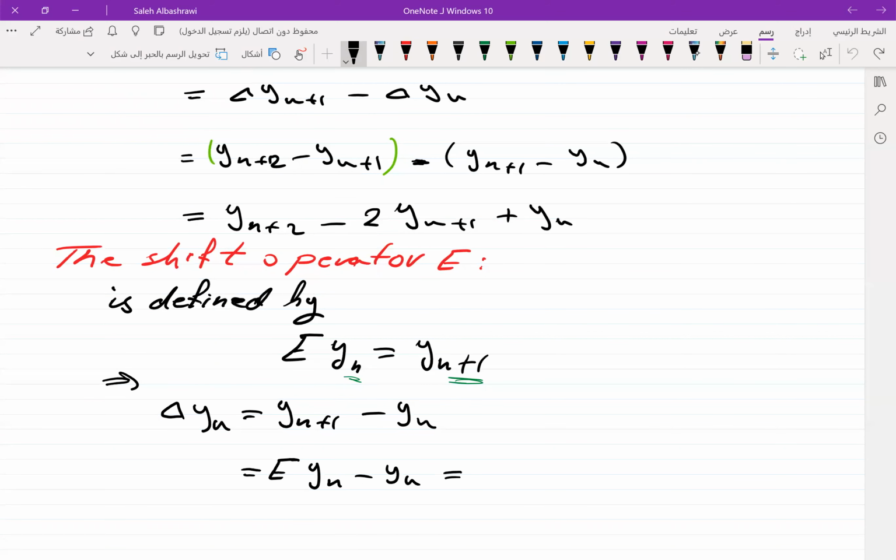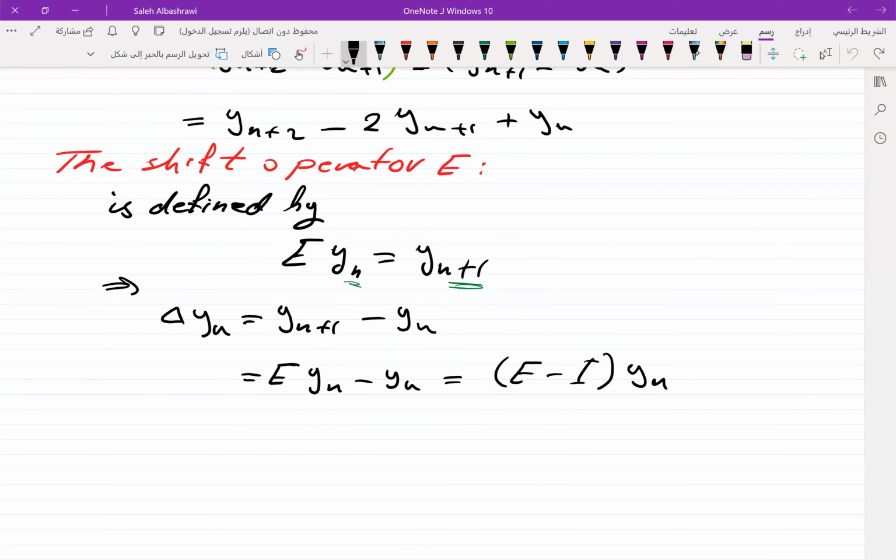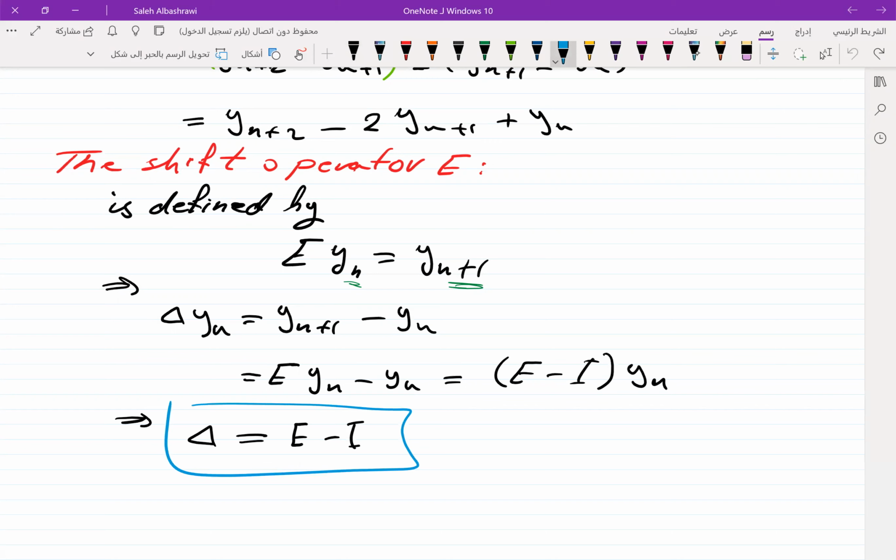Taking y sub n as a common factor, I will have E minus I, where I is the identity, times y sub n, which means delta, the difference operator, equals the shifting operator E minus I. We have this relation: delta, the finite difference operator, equals the shifting minus the identity.